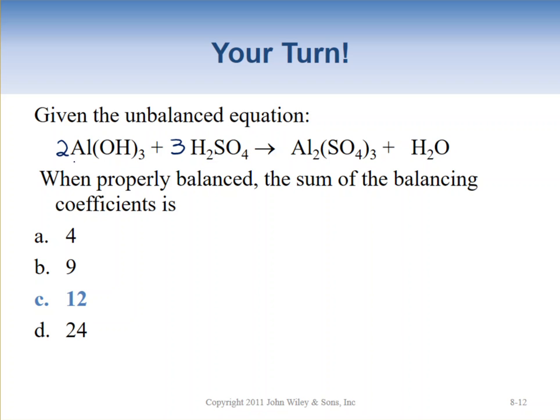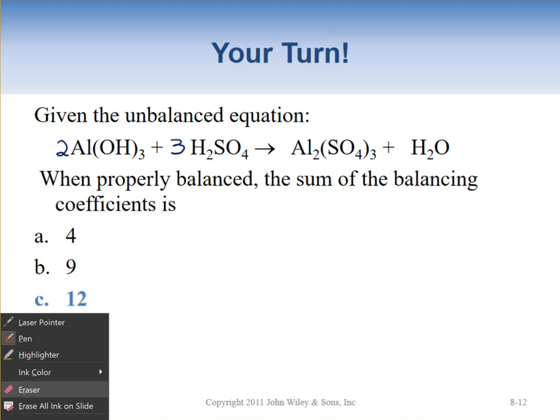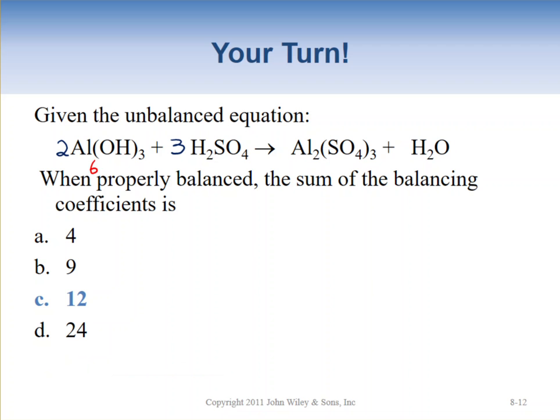2 times 3, you have 6 hydrogen from aluminum hydroxide, and then 6 hydrogen from sulfuric acid. That's a total of 12 hydrogens. So you're gonna need to have 6 water here.